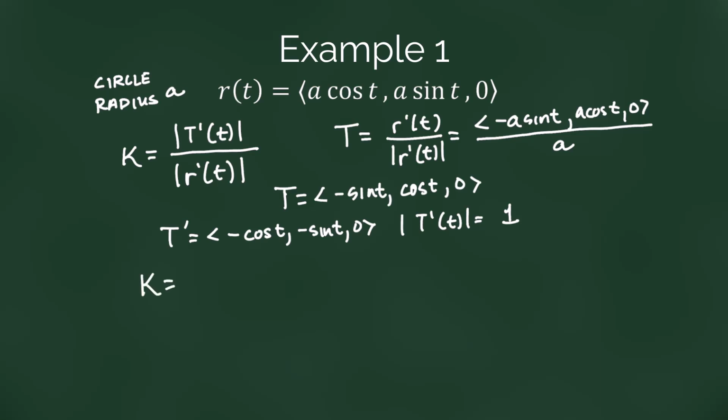We already saw that the magnitude of r prime of t is a, so when we plug into the formula for kappa, we get 1 divided by a. So let's think about our circle. This tells us that the larger the radius of the circle, the smaller the curvature.